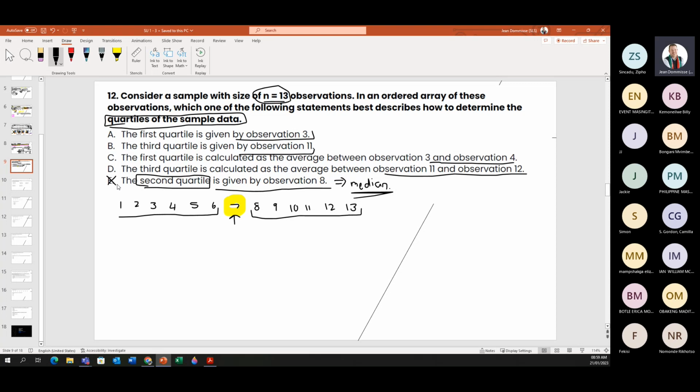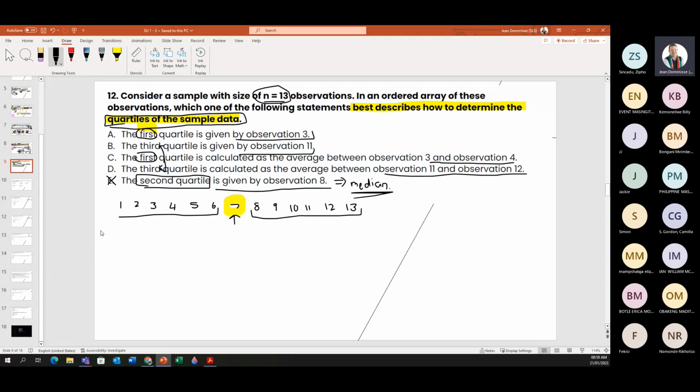Consider a sample in an ordered array, which one of the following statements best describes how to determine the quartiles. Okay, so best describes. So that one we've cancelled, but it's not what we're looking for. Here we're talking first quartile, third quartile. So we need to work out quartile 1 and quartile 3.